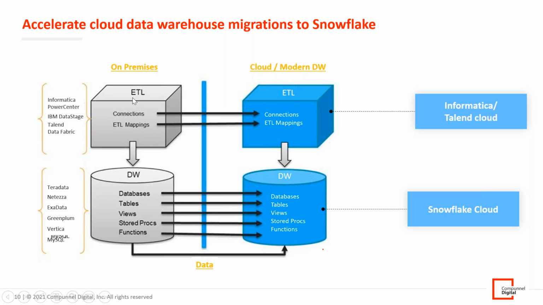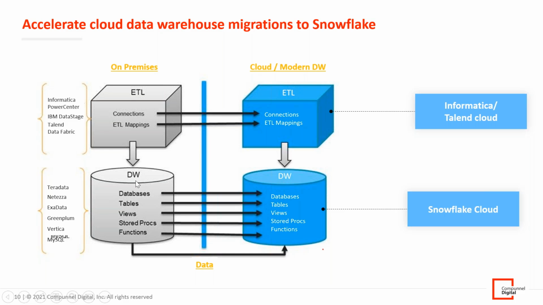In traditional data warehouses, ETL plays a major role, because without ETL we cannot achieve the majority of things: extraction, transformation, loading, cleansing, and maintaining data quality. While loading the data, it takes care of all the aspects of data loading and data migration. And then the data warehouse.